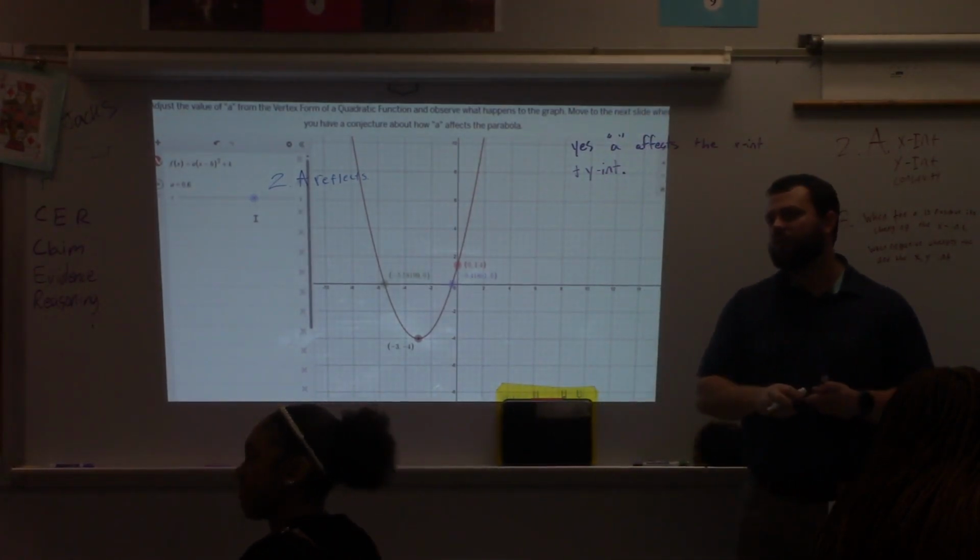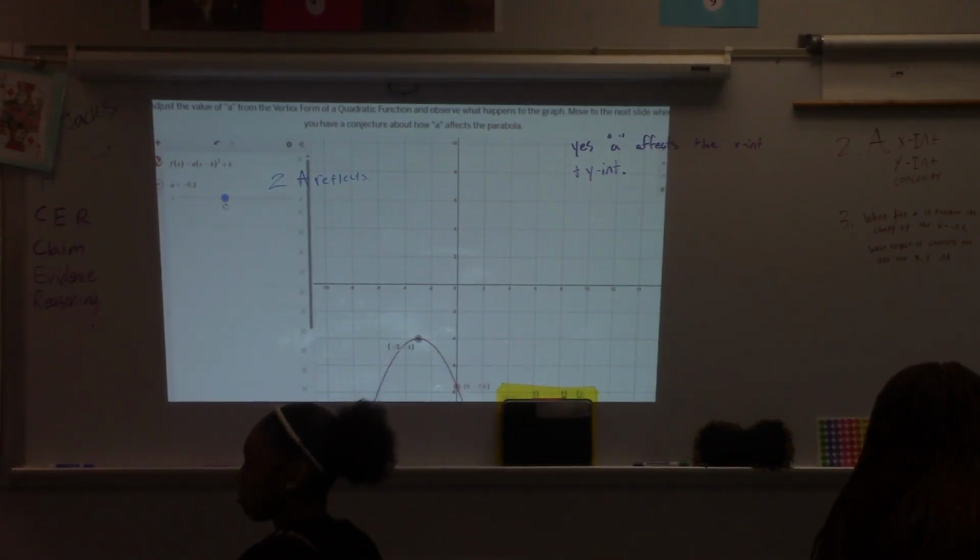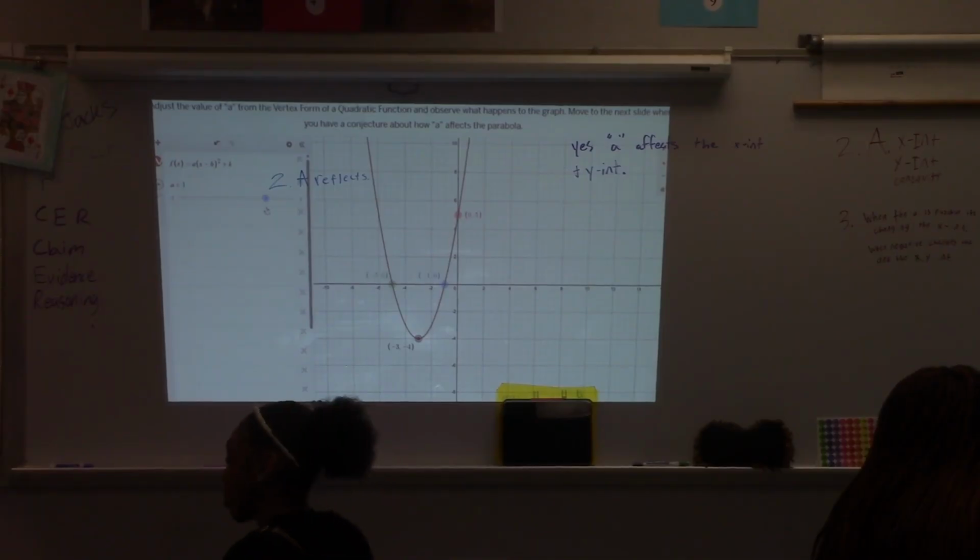What did y'all notice there, Brianna? The parabola is concave down anytime A is negative. Yeah, guys. When A is negative, it's concave down, like a frown. When A is positive, the parabola is concave up, like a cup.